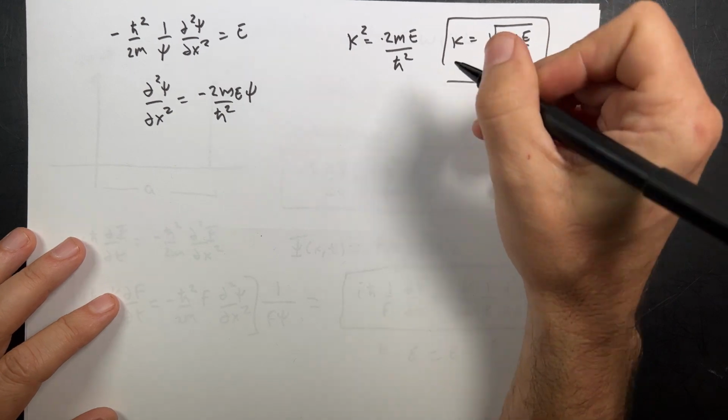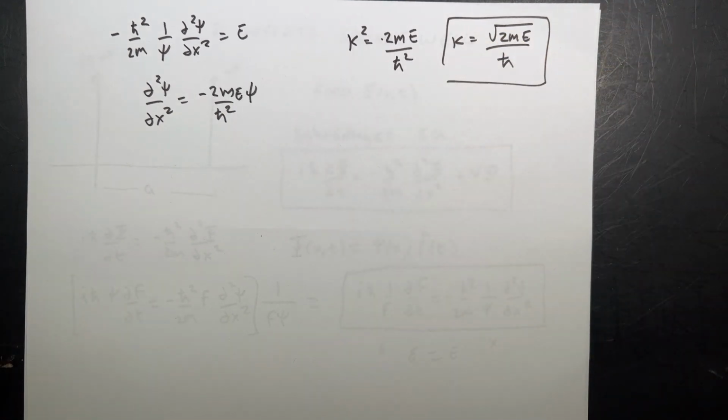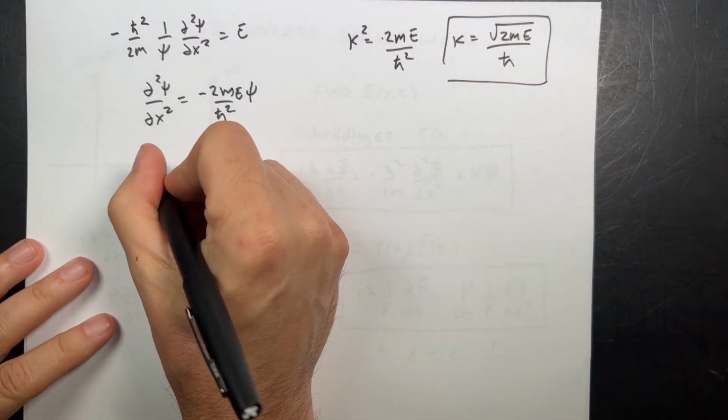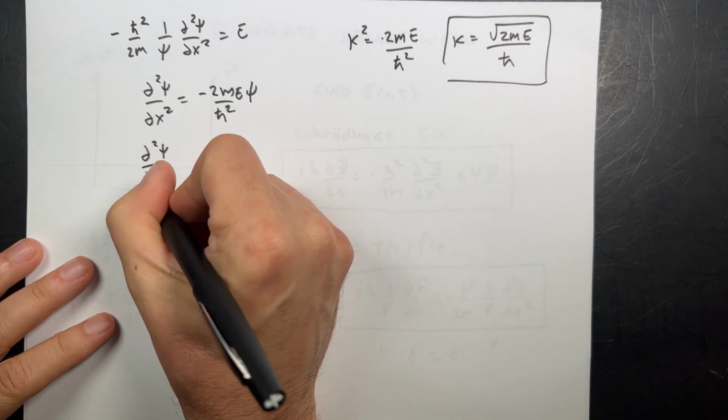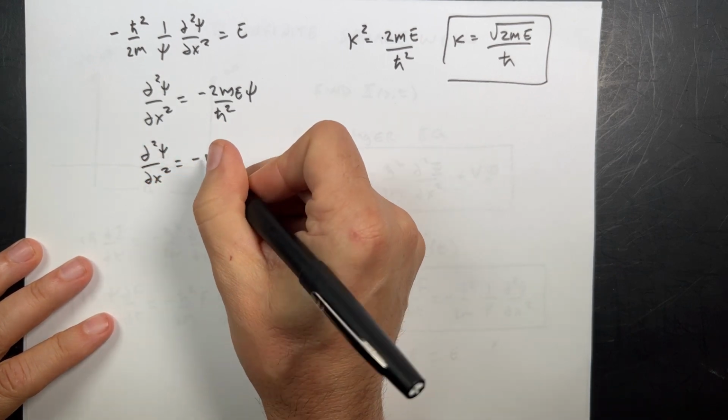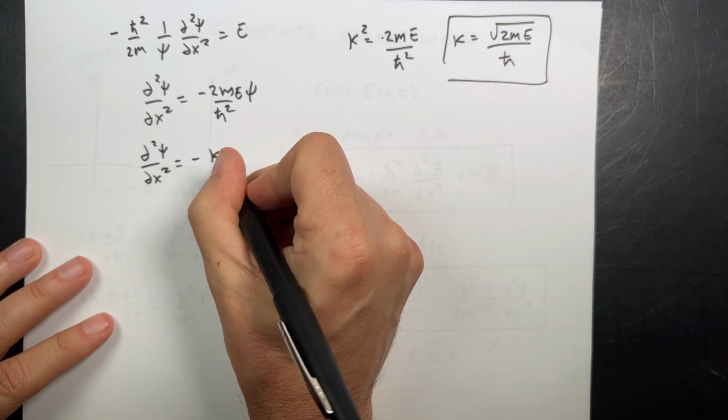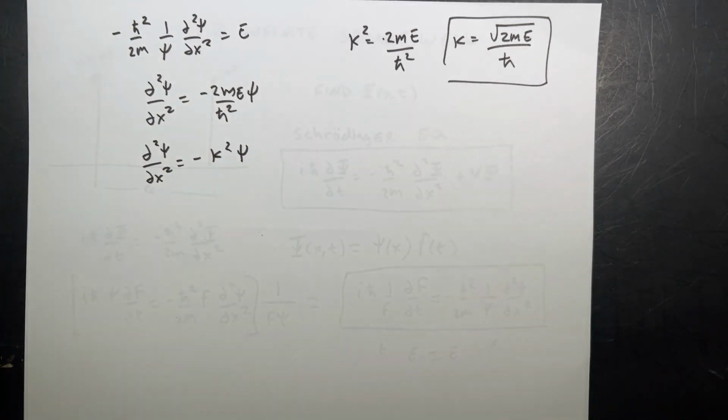You don't have to do that, but it's going to get messy if you don't. So that means that I have the second partial of psi with respect to x is negative k squared psi.